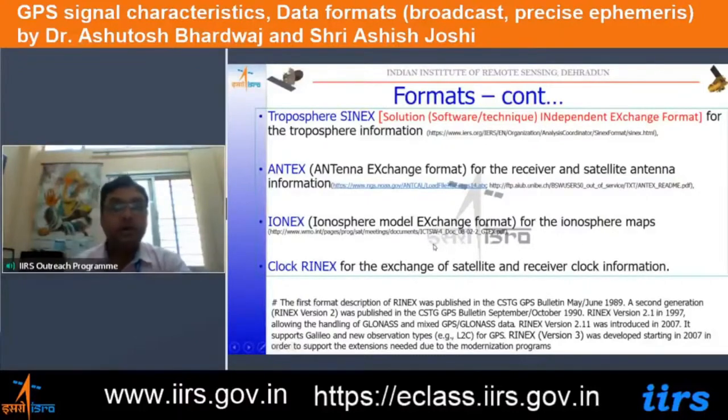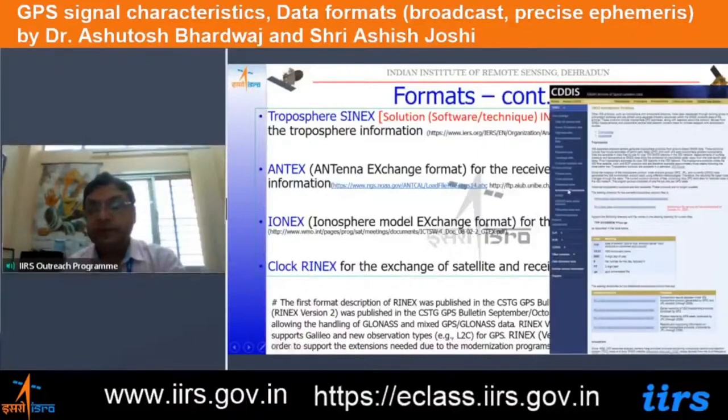So all these different types of information come in different formats, and we require all of these at the time of high precision processing, either in the Bernese software or in GAMIT software or GLAB or RTKLAB. These softwares require all these files for very precise processing. Clock data also comes in the RINEX format for the exchange of satellite and receiver clock information.